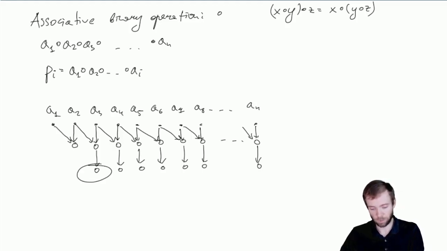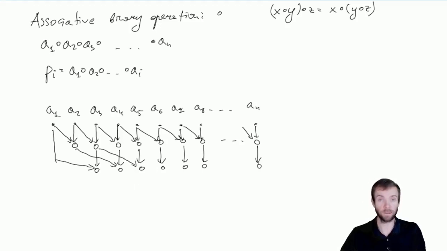So for the leftmost node of this layer, we'll supply just A1. For this node, we'll supply the results of this node. For this node, we'll supply the result of that one, and so on and so forth.